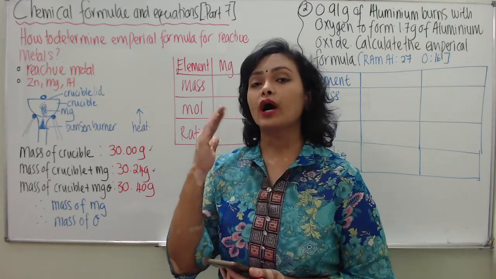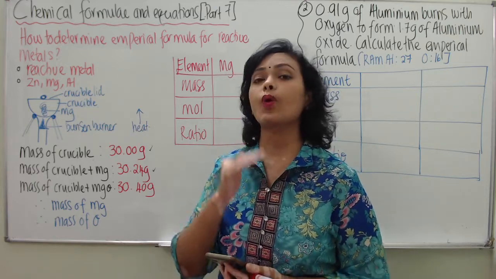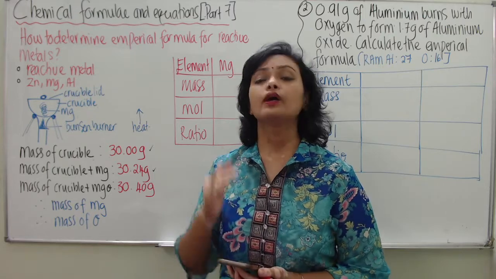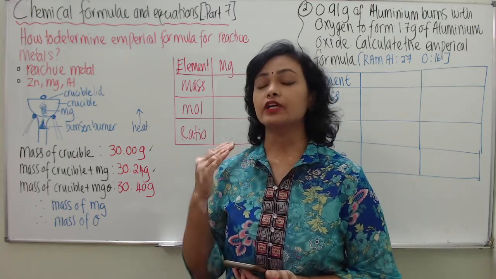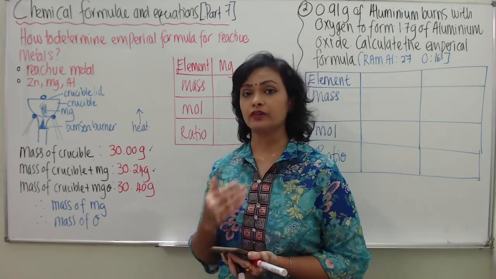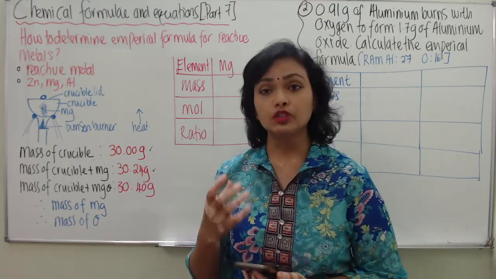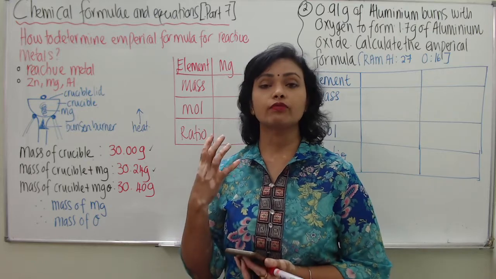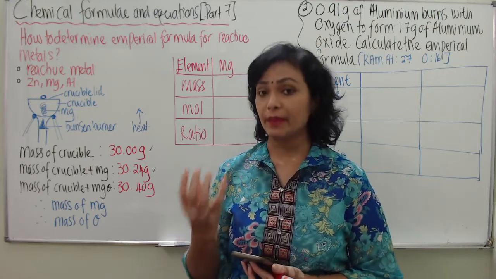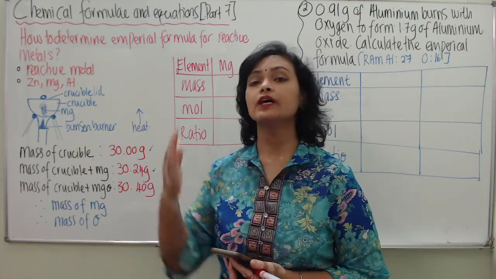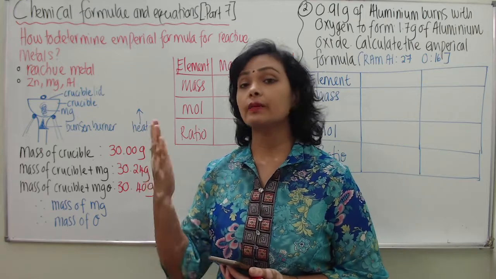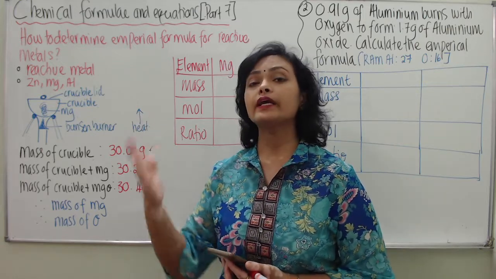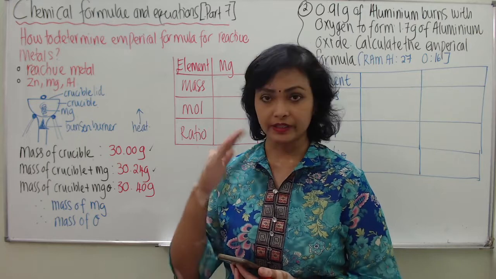Why? When you close the crucible with the lid, the white fumes won't escape. If the white fumes escape, the magnesium oxide, which is in the form of fume, has mostly escaped. So the moment we see the magnesium burning, quickly close the crucible with the lid.